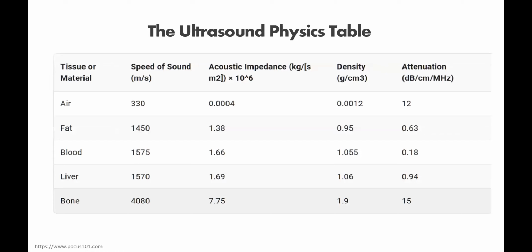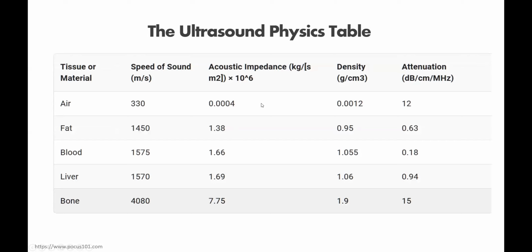Moving on to the next one, the ultrasound physics table. As you can see, we have different tissues or materials in the body. We have air, fat, blood, liver, and bone. They have different conductivity of sound. The speed of sound traveling inside them will be different. The denser the tissue, the faster the speed of sound traveling inside.